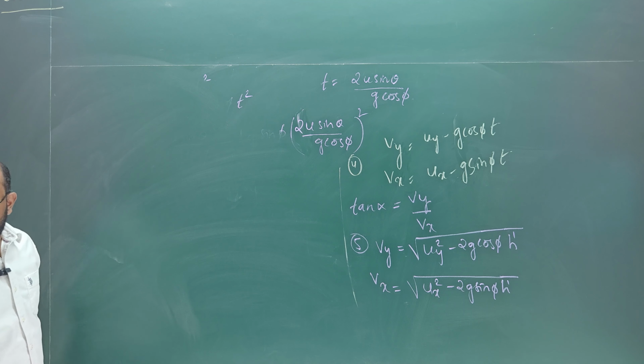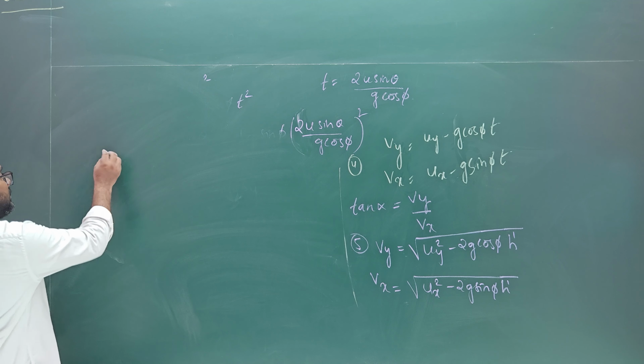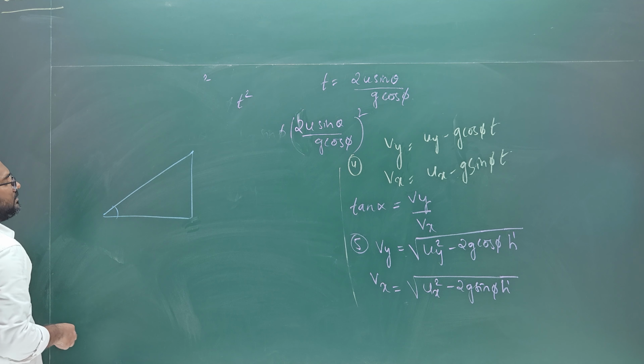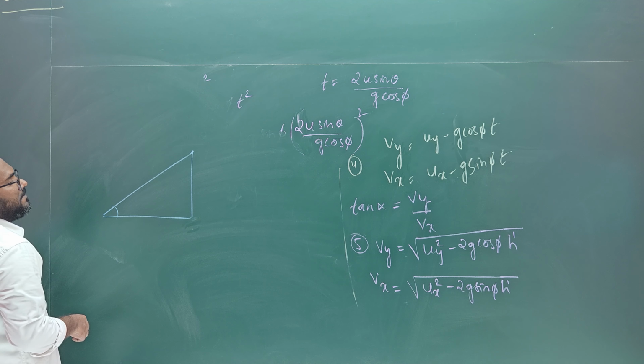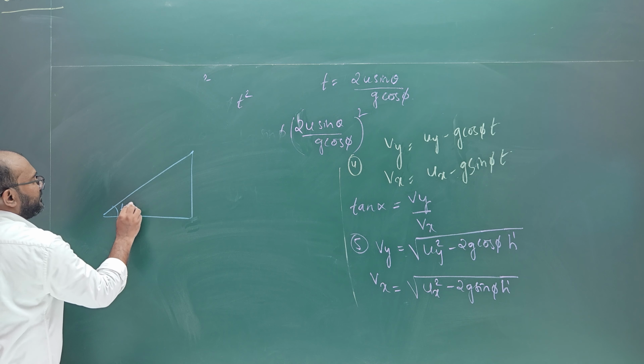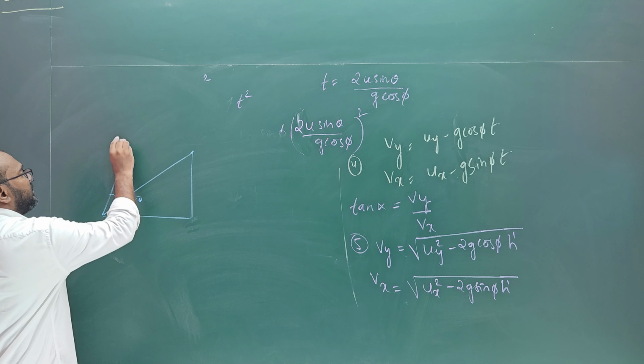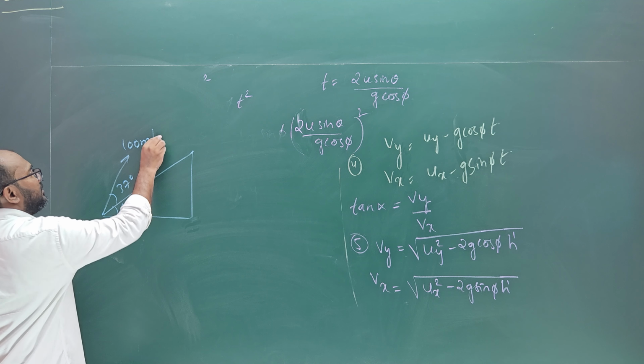So the homework of today is this. Consider an inclined surface at 45 degrees, and an object is projected at 37 degrees with a speed of 100 meters per second.